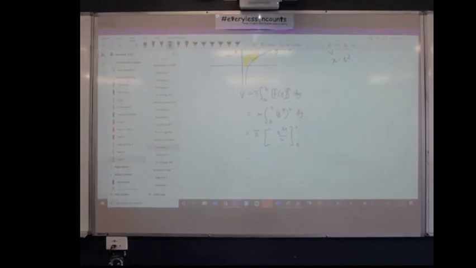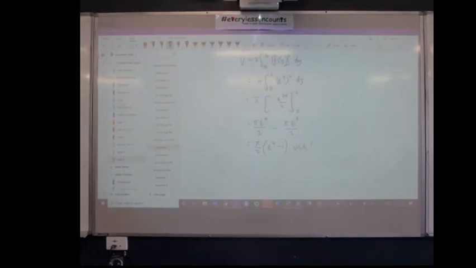So pi lots of e to the 4 on 2, minus pi lots of e to the 0 on 2, which is pi on 2. So you're going to have pi on 2, e to the 4 minus 1. Units cubed, because we're doing volume.